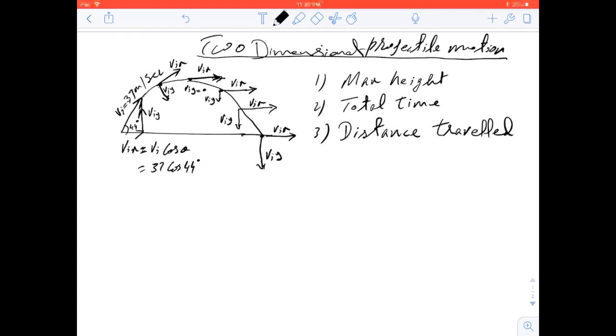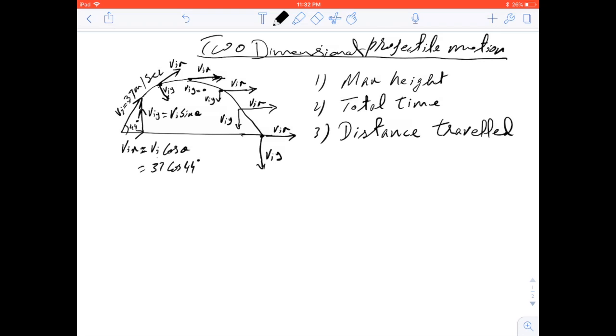see that the x component of the initial velocity is equal to the initial velocity times cos of the angle theta, and similarly the y component of the initial velocity is viy, which is equal to vi sine of theta.